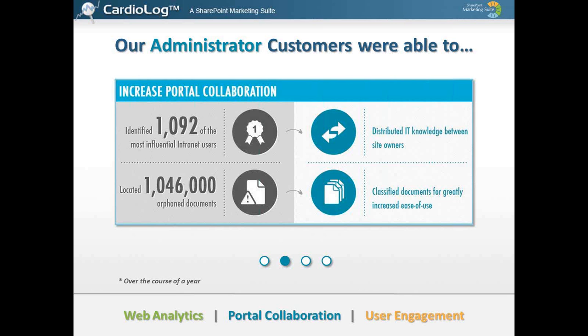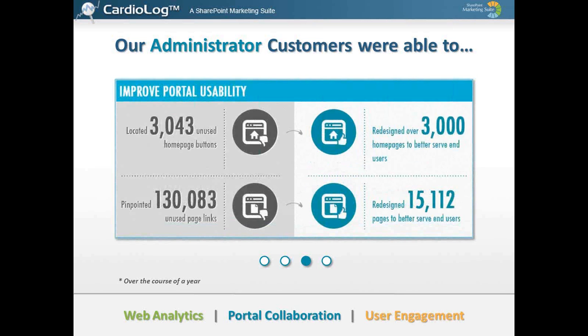Next, you can see here we are able to identify over 1 million orphan documents, locate over 3,000 unused links on the home page. Of course, very vital that on our homepage we have links to content that's most important and most useful for our users.